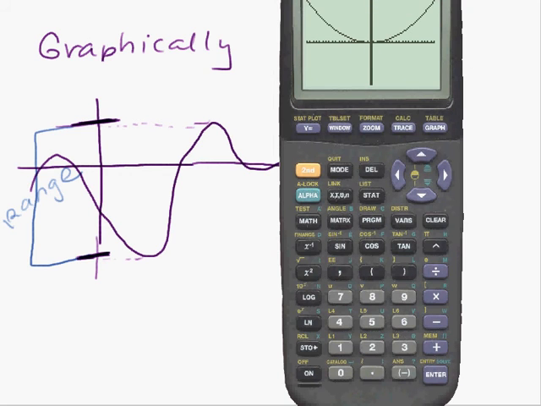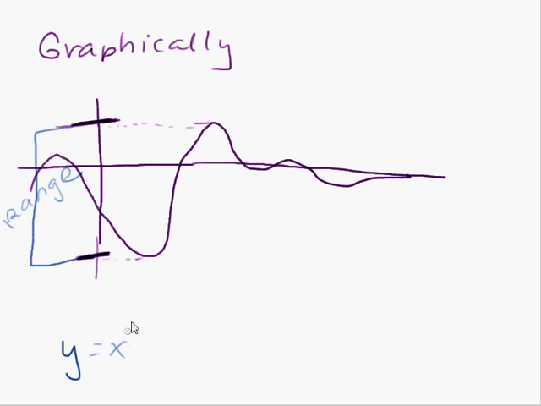I'm still managing to get there. I can see that that's still in my range, and I can continue this process and get as high as I want. So in this case, for y equals x squared, our range is all positive numbers.